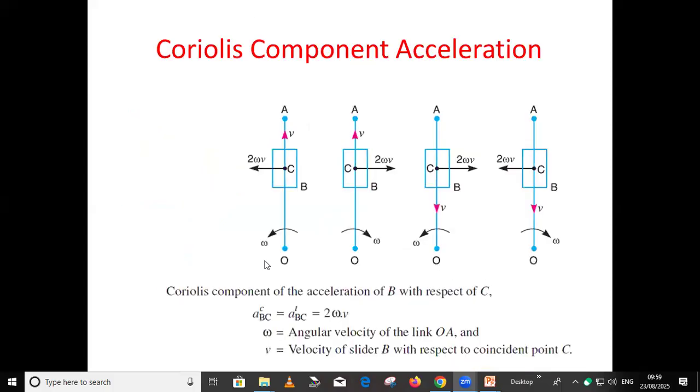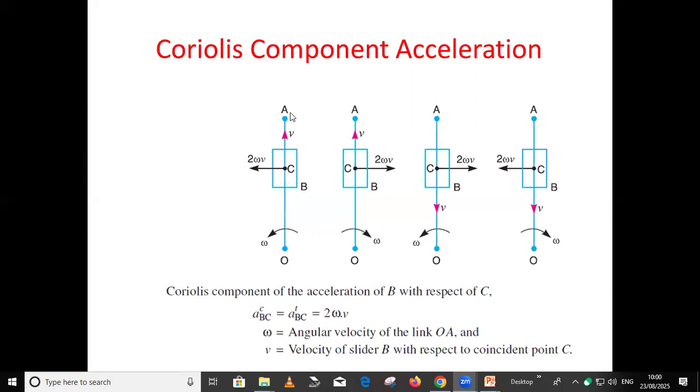Okay. Now there are four types of components we need to plot depending upon the direction of rotation. Suppose if that intermediate link is moving in anti-clockwise direction, then the Coriolis component will exist towards the left side. If it is moving in clockwise direction, it is moving towards the right side. At the same time, we have to consider sliding motion, whether that slider is moving in upward direction or downward direction.